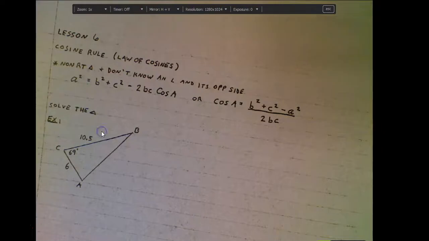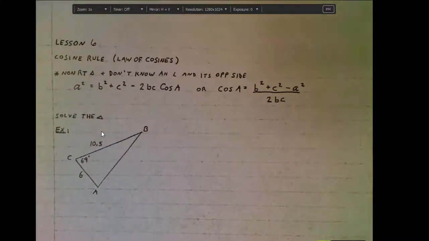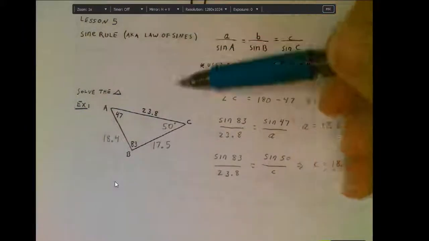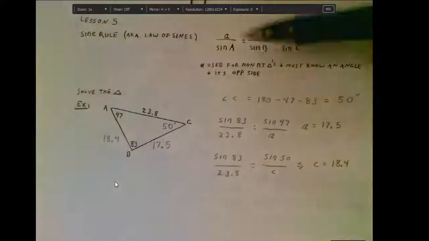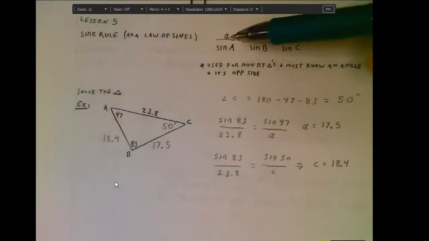So looking at a couple examples here. Those are the two variations of the formula that we want to work with. If we have a triangle like we did in the last page of notes for the law of sines, in those problems we had a completed ratio. Somewhere in the drawing, I had an angle and I had the side across from it.